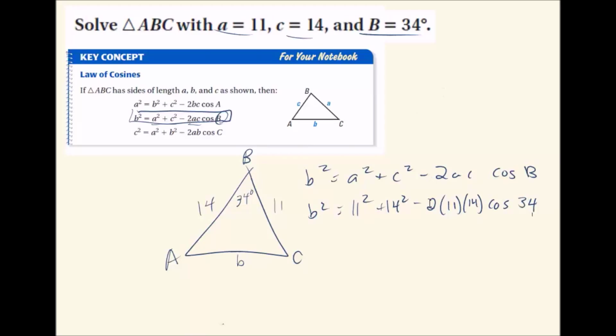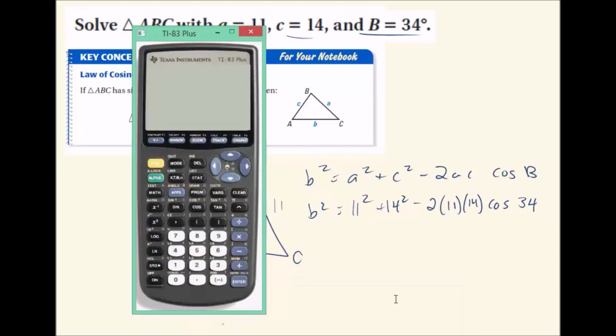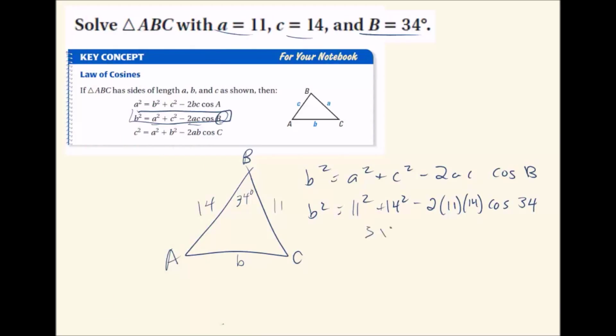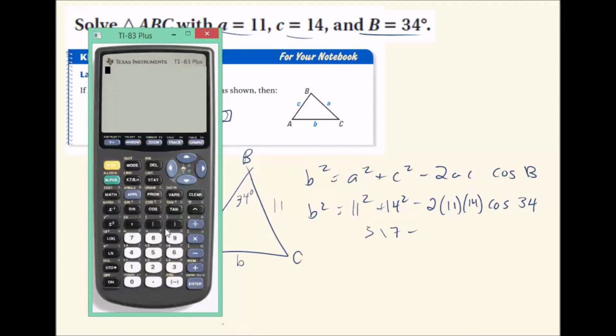Once again, making sure that our calculator is in degree mode. And now it's just a lot of plugging in. So 11 squared plus 14 squared is 317. Got to plug in the rest of that: 2 times 11 times 14 times cosine 34.